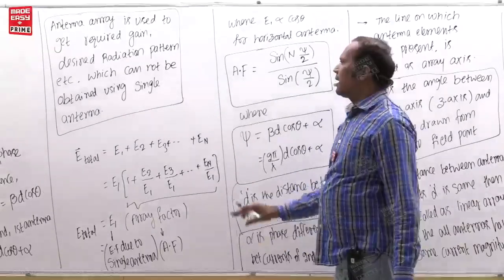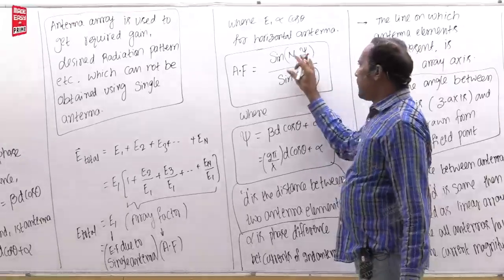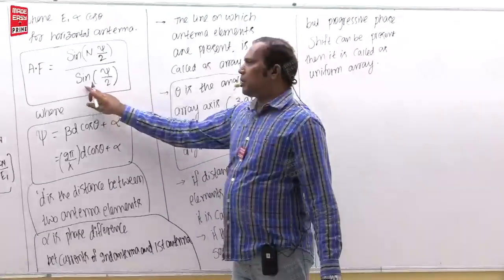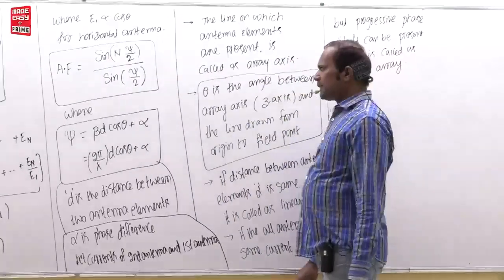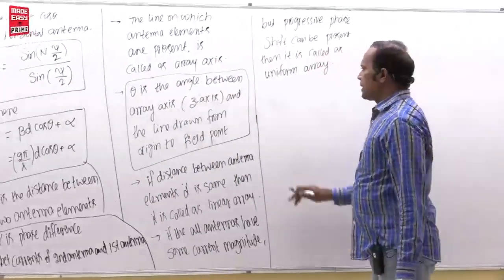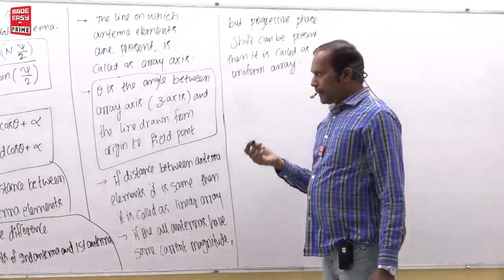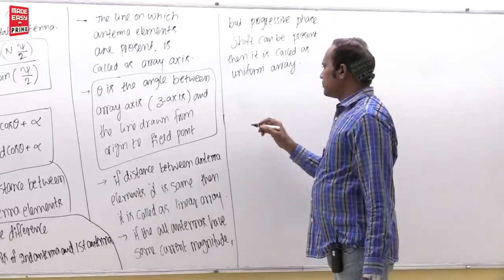You can change the design by changing the parameters here. That is why we have to talk of array factor. You have to remember this one, right? Point by point we will discuss. So n means what here? Number of antenna elements.